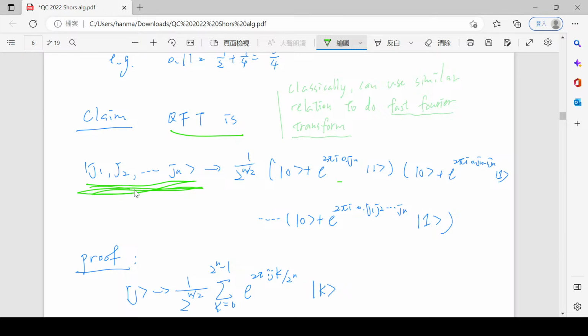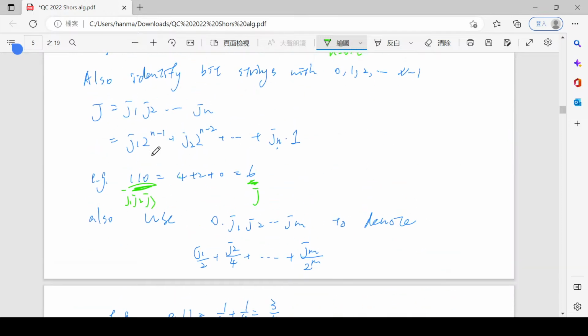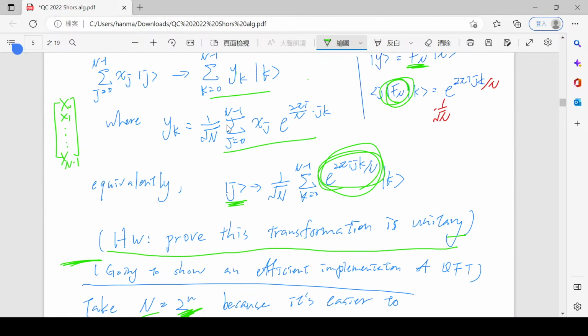So if you input a computational basis state j1, j2 to jn, remember this is doing this binary interpretation. We are thinking about what happens if you put in a computational basis state.